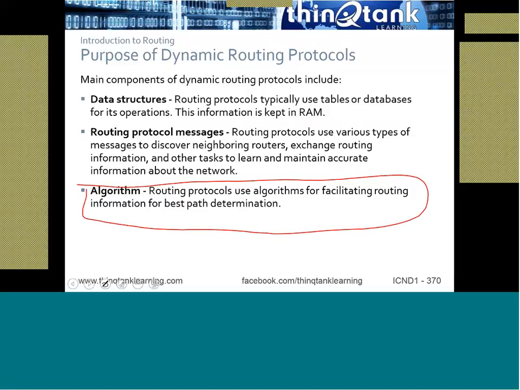EIGRP has a particular algorithm that it uses to make decisions. OSPF has an algorithm that it uses to make decisions. These three components are common to RIP, to OSPF, to EIGRP, to IS-IS, to BGP. Very, very important concepts when it comes to determining how these protocols work. We're going to do a deep dive in each of these three components for each protocol that we discuss.